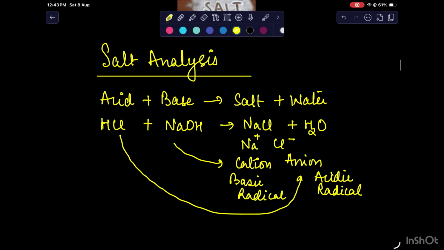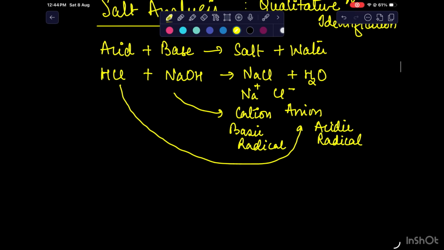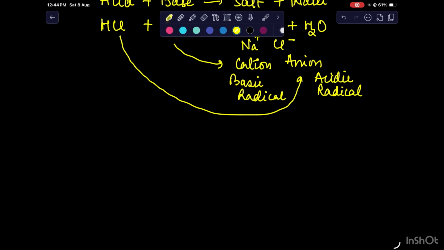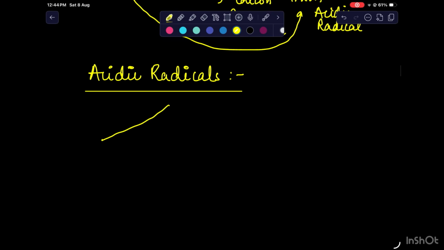So when we are doing salt analysis, we are actually identifying which cation or which anion it is, and such type of analysis is known as qualitative or identification analysis, right? To find out which cation and which anion our salt contains, we will divide our analysis into two parts: one is the acidic radical and another one is the basic radical.